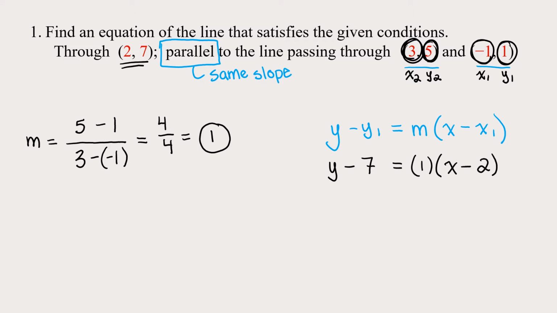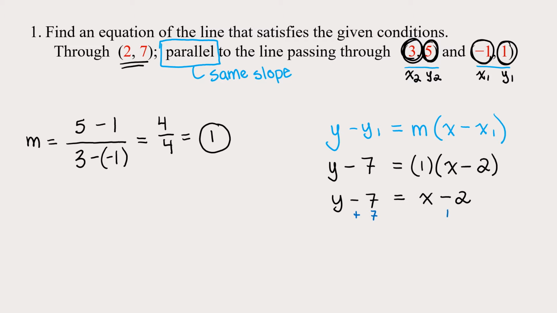And then we just want to simplify this a bit. Sometimes you can leave it in point-slope form, but it's good practice to put it in slope-intercept form just in case. So this would be y minus 7 is equal to 1 times the quantity x minus 2, which is just x minus 2. And then we want y equals, so we need to eliminate this minus 7.